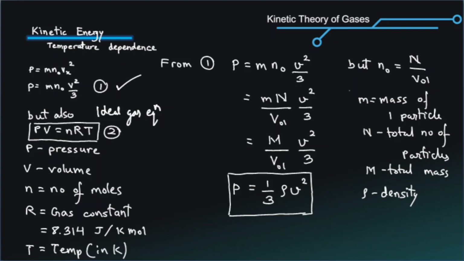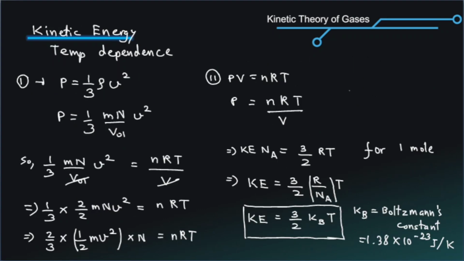Moving on. Now the first part we can write like this. The small n naught has been replaced by capital N, the total number of molecules by volume, and the second expression can be written like this: PV equals nRT, so nRT by V equals P. Now both correspond to pressure, so let us equate both of them, right?